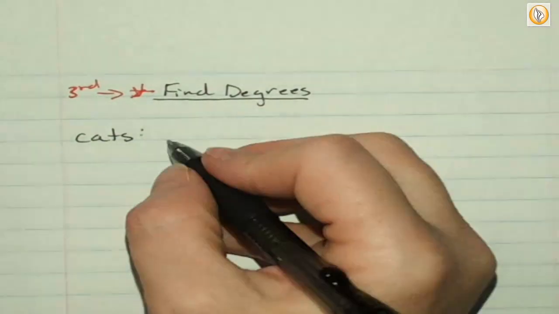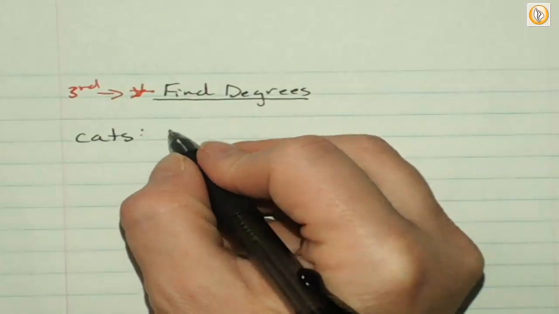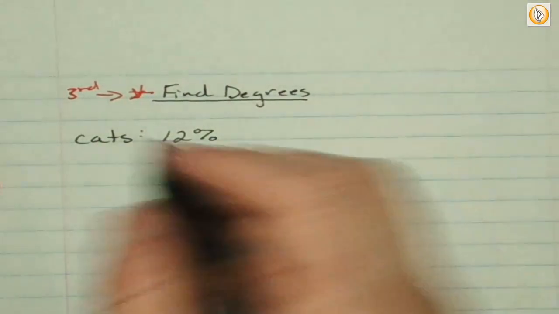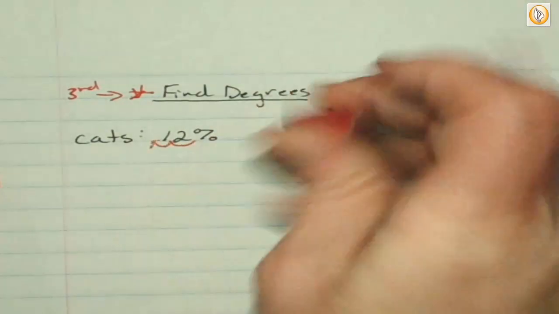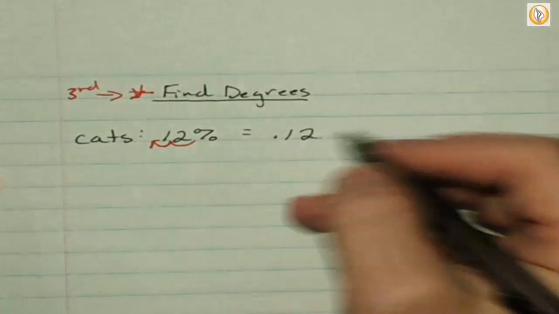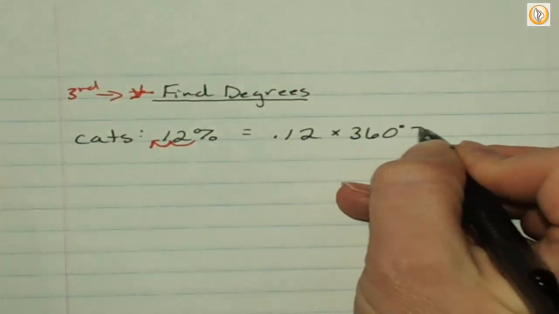Now, what was the percent for the cats, Atalia? 12%. Okay, now to multiply it by 360, what do I have to do first? Move the decimal over to the left twice. That's right. So then I have 0.12 times 360 degrees.